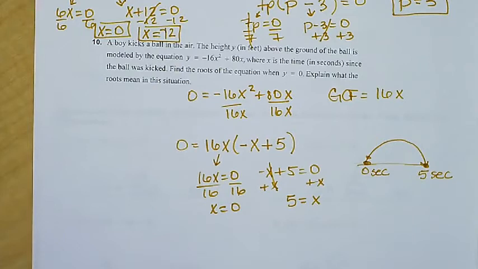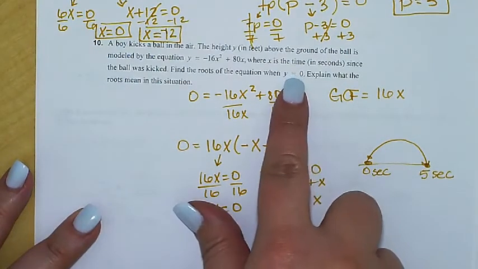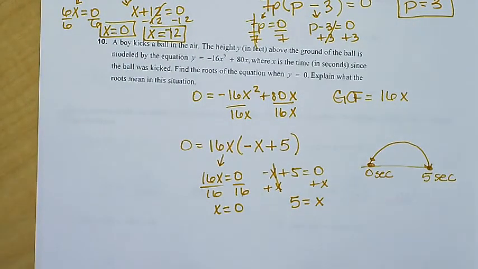Okay, so you could even express this and say, this basically means the ball was in the air for a total of 5 seconds before it came back down, because the y height was 0 at these two times. At the beginning, and then after 5 seconds, the height was 0 again. So there you go. That is factoring by GCF that you can then combine with the zero product property.